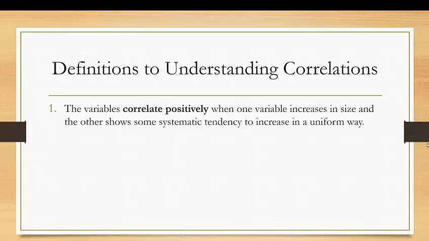The variables correlate positively toward the +1 side when we see that as one variable increases in size, the other variable shows some systematic tendency to also increase in size. So typically we would think that the higher your GPA, maybe the more time you spend studying.